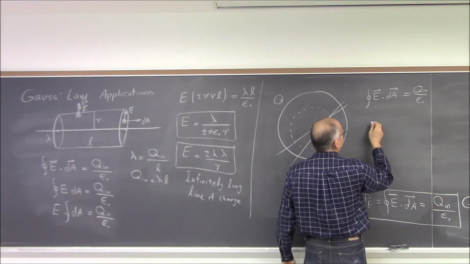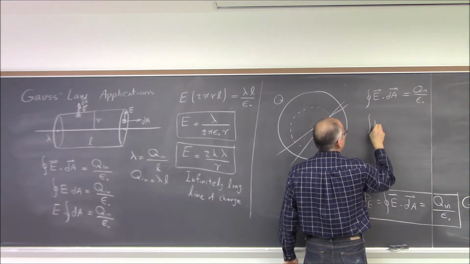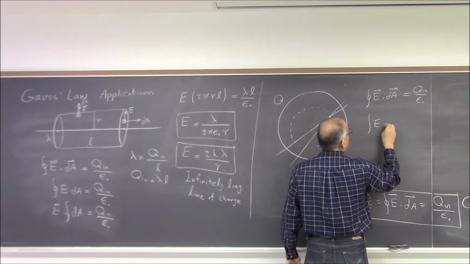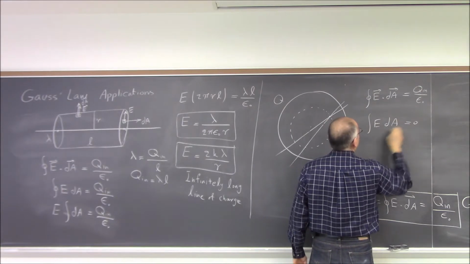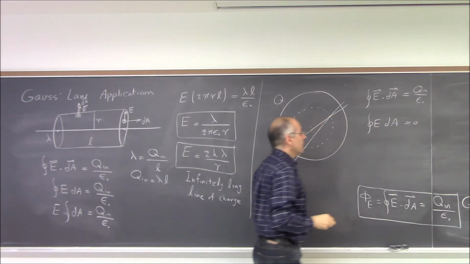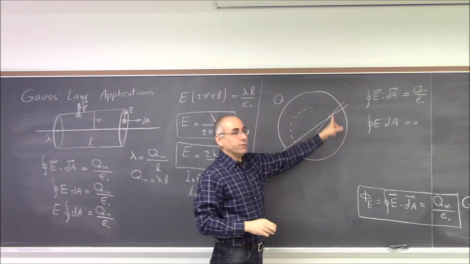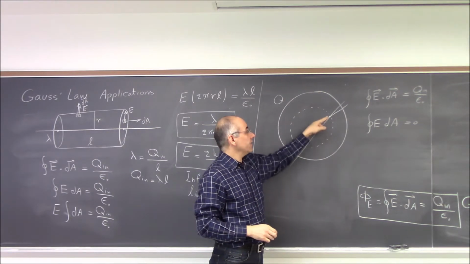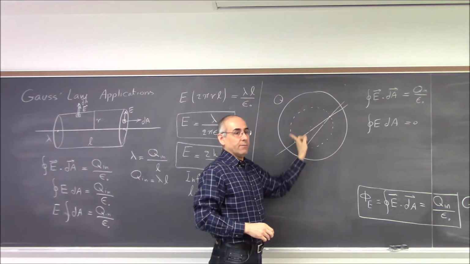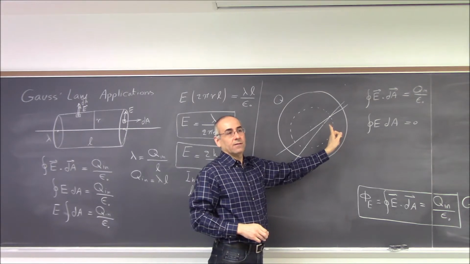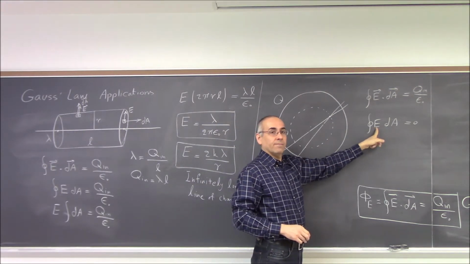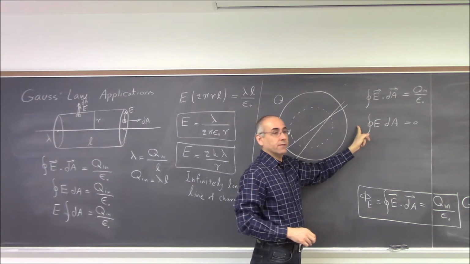But let's say it just becomes the integral of E times dA equal to 0 over the surface. And again, because there's no distinction between any direction, the electric field, if there is any, should be the same in all directions. So this E comes out of the integral.